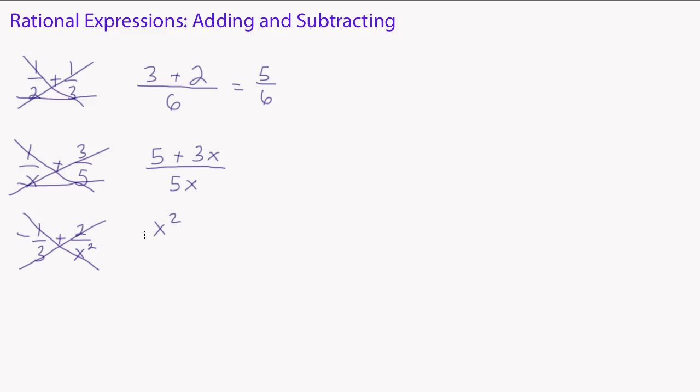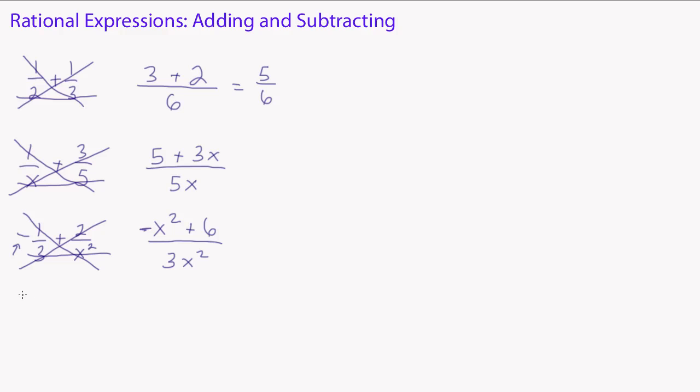And 3 times 2, which is 6. Divided by 3 times x squared, 3x squared. We worry about multiplying, and then we worry about signs. There's a negative here on the left, so it goes over here on the left. There's one in the middle. We'll put it in the middle. And that's it. We're done.